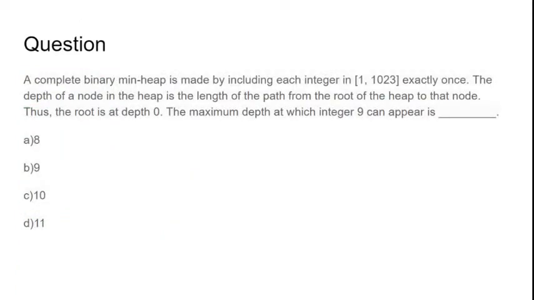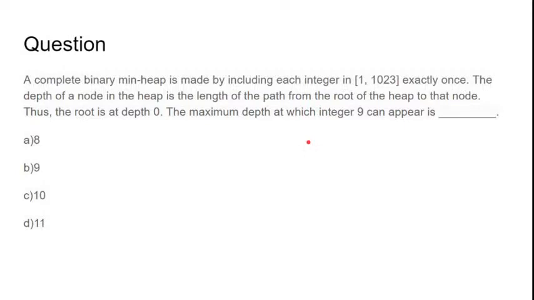The next question: a complete binary min heap is made by including each integer from 1 to 1023 exactly once. The depth of a node in the heap is the length of the path from the root to that node. So the root is at depth 0.